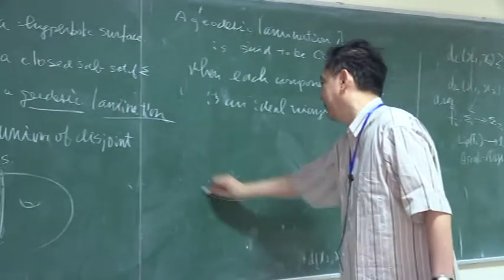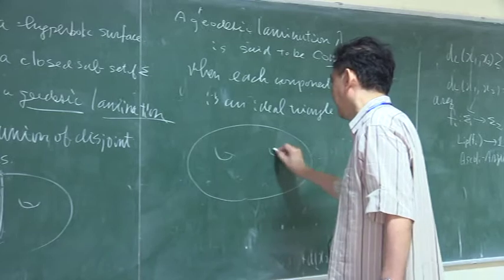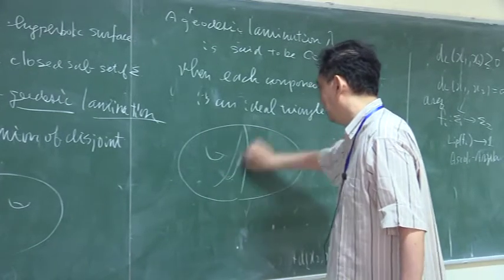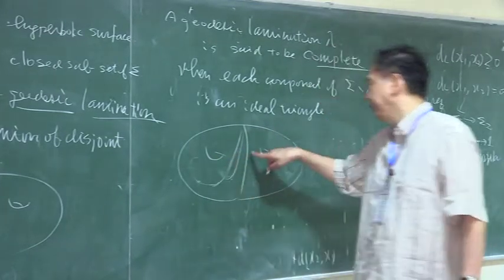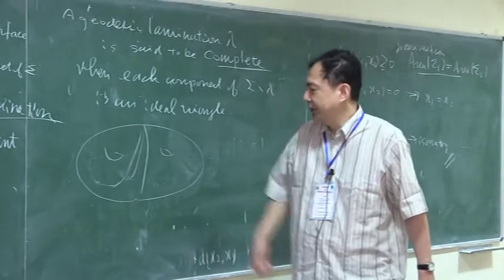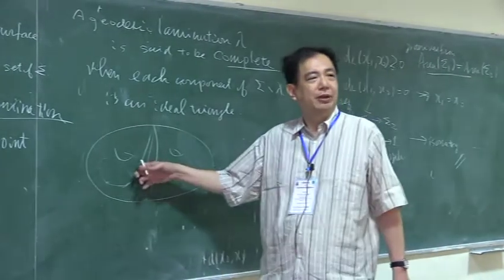So the meaning is this. You have a lamination like that, and you just consider the complement of this set.